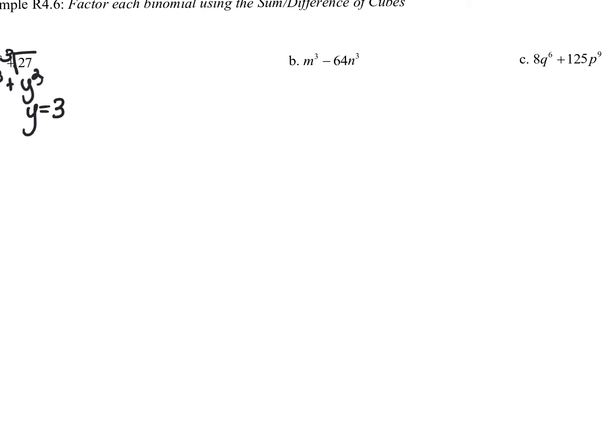So my pattern was x, y, x squared, x, y, y squared. So x was called x, y is 3, x squared, 3x, and then y squared, or 3 squared, is a 9.